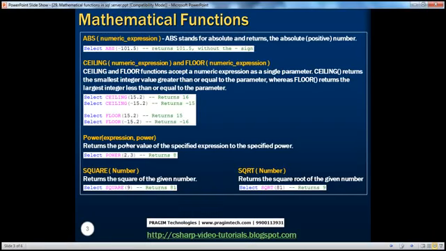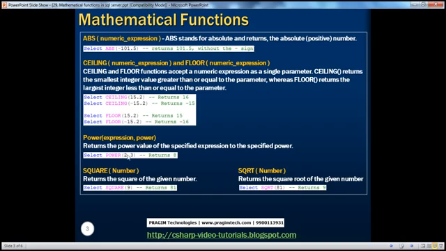The next function is the power function. As the name suggests, the power function returns the power of a number. If you look at the example here, power of 2, 3. This function takes two parameters. The first parameter, the expression, will act as the base, whereas the second parameter will act as the power.